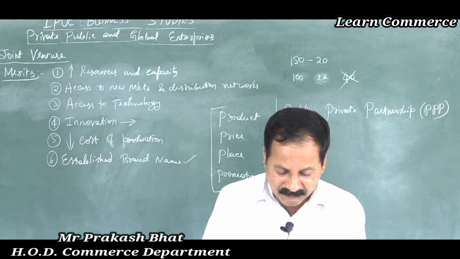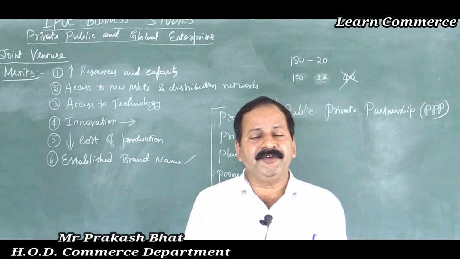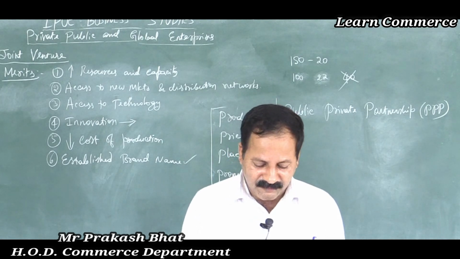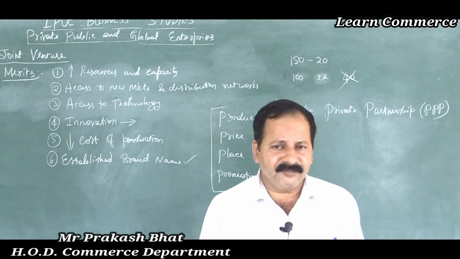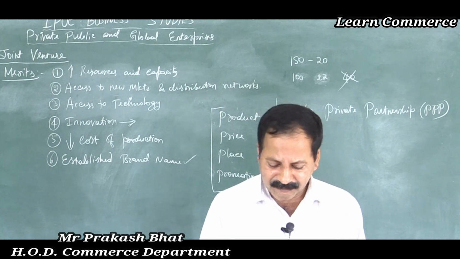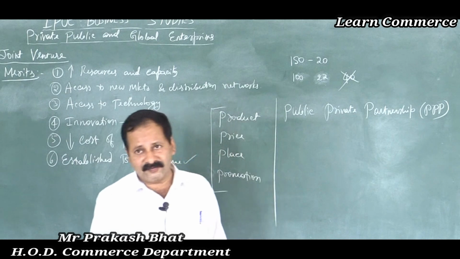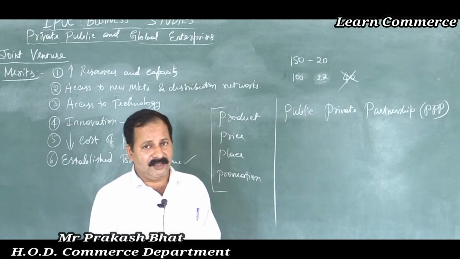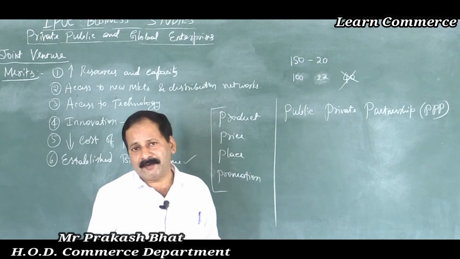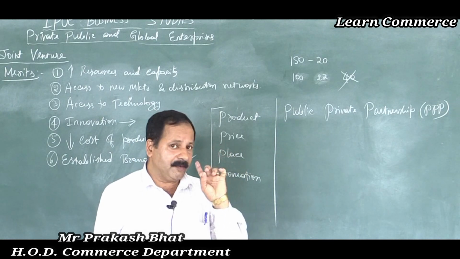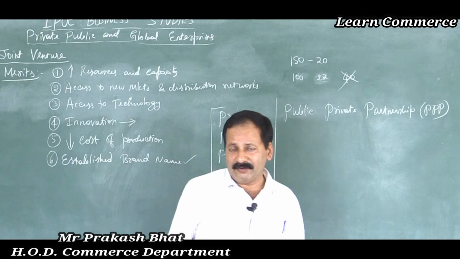So this is in brief about this chapter, private, public and global enterprises. Actually you will get not more than a 4 marks question here. You will get only a 4 marks question and a 1 or 2 marks question from this chapter. They will not ask any 8 marks question from this chapter, make sure of it. Clear? Mostly they will ask from the 3 types, that is departmental undertaking, public corporation or government company.